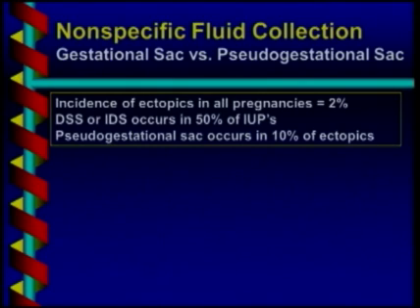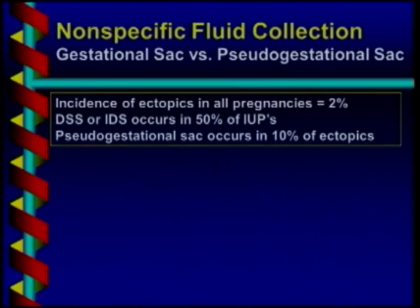If we assume that the incidence of ectopic pregnancies in all pregnancies is about 2%, and that's the current percentage in the United States, if you also assume that a double sac sign or intradecidual sign occurs in half of intrauterine pregnancies, but the other half are nonspecific, and if you assume that a pseudogestational sac occurs in 10% of ectopic pregnancies, which I think is actually overly high, but some articles in the literature suggest that it may be that high.